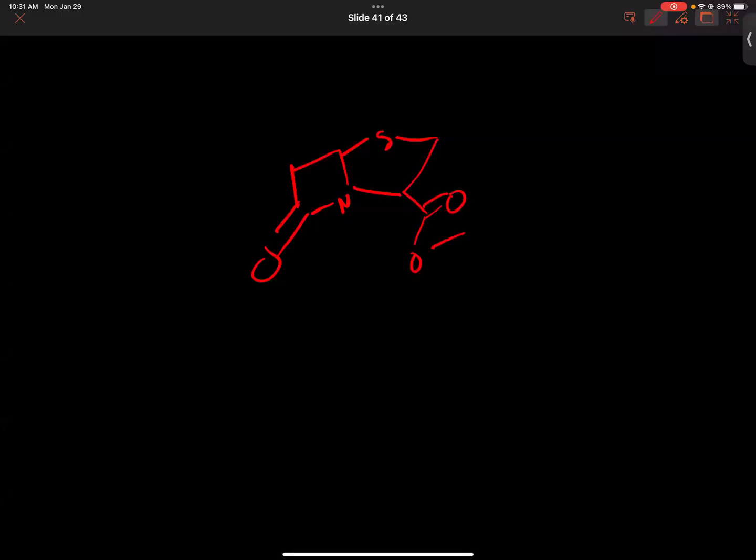And just to show you really quick, so here's an R group, and then what can happen is in the GI tract under acidic conditions, the carbonyl groups can grab onto a proton, have a positive charge, and that creates a dipole at this carbonyl carbon.